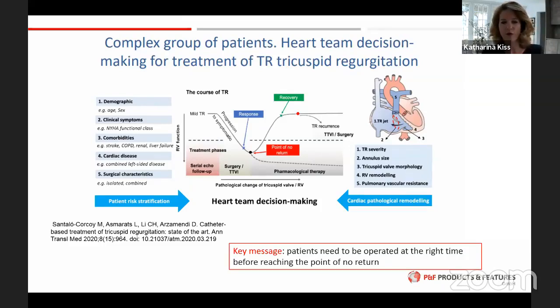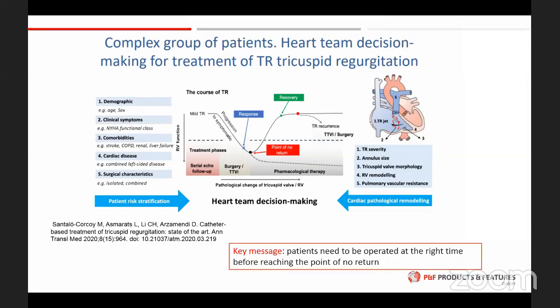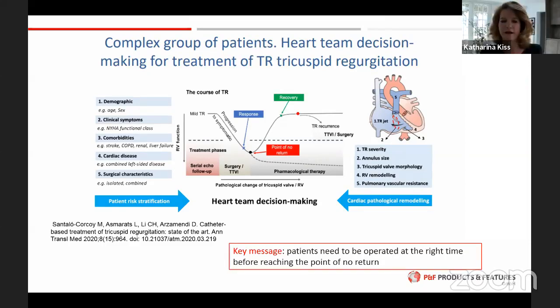And what we see at the moment is that in many of our patients, we treat them too late. We might have already passed the point of no return. If we look at this graphic, we can see that the progression to symptomatic, the point of no return, or the point where response is likely and recovery is still possible, is much earlier than we tend to treat patients now.